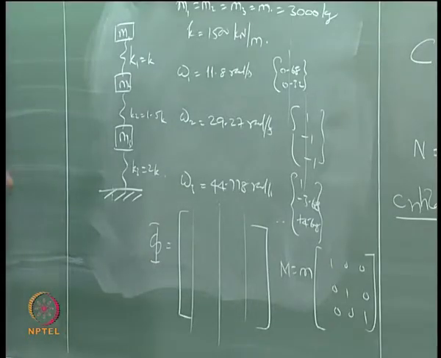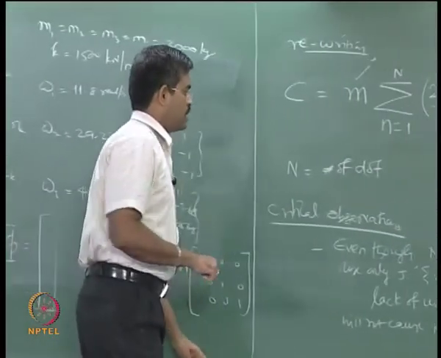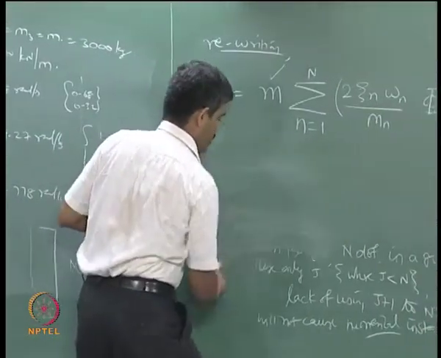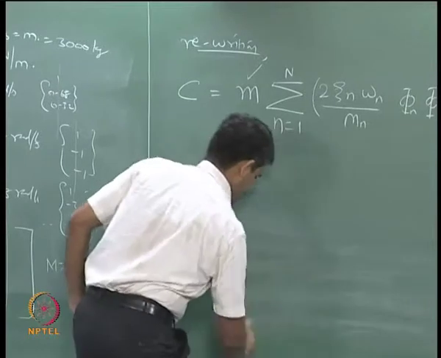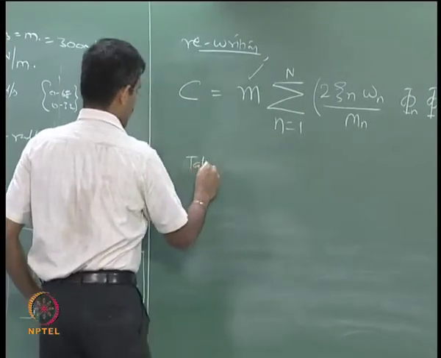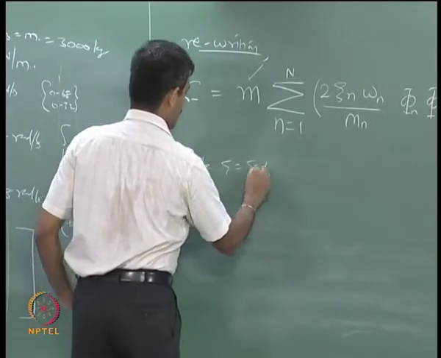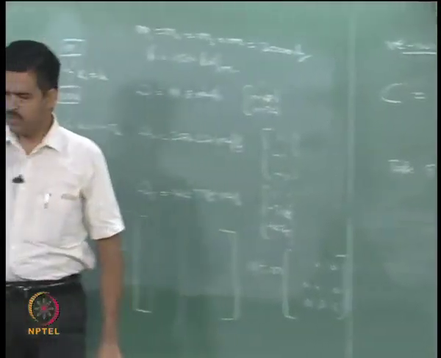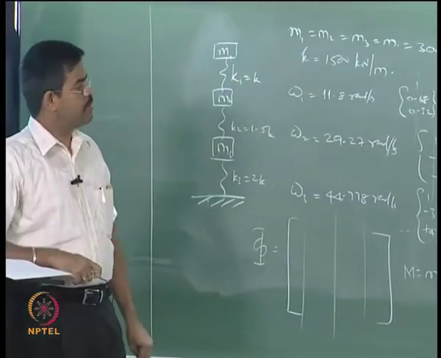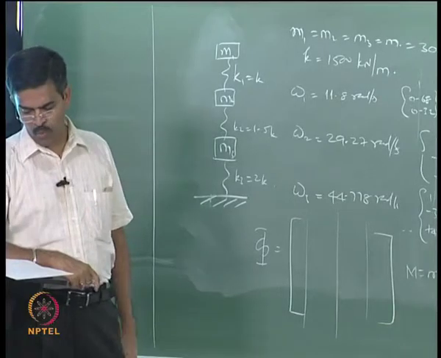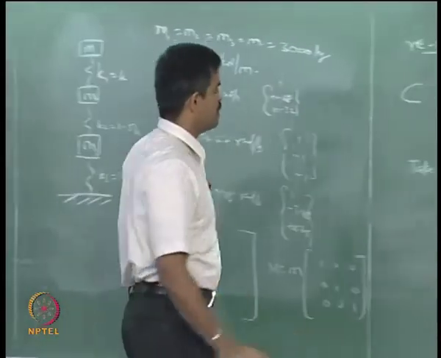So what I wanted you to do is take zeta as 5%. I will remove this, I will retain this equation. Take zeta as 5% and determine the damping matrix by superimposing the damping matrix of 5% for each mode.